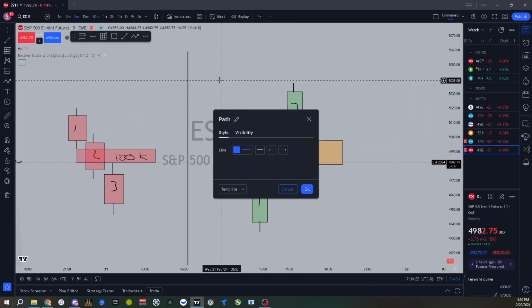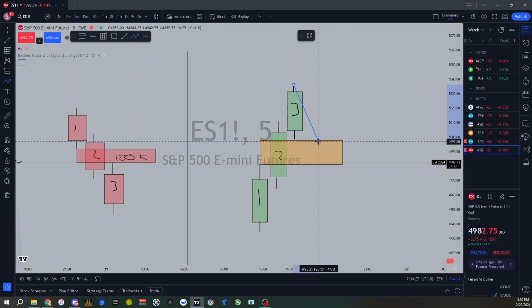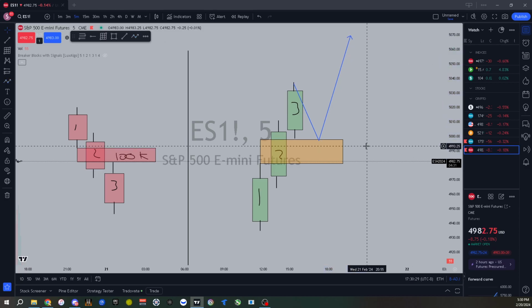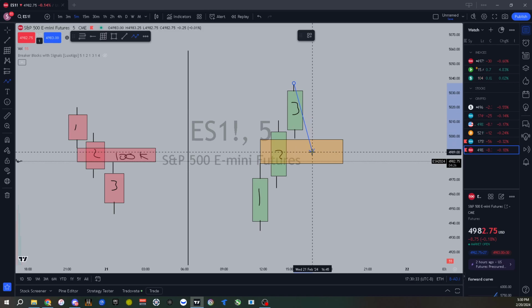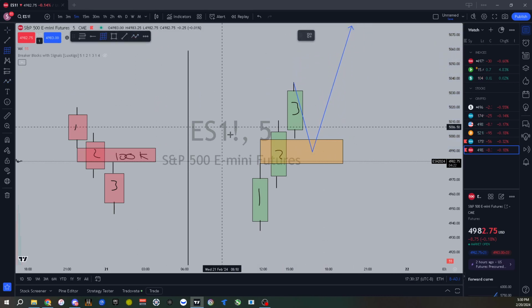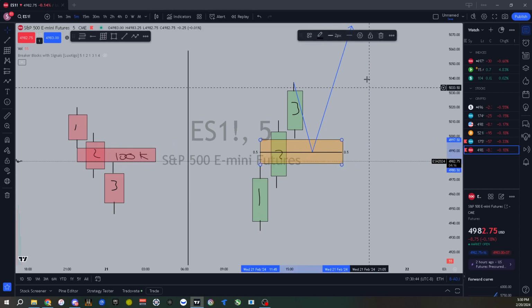Now, however, it doesn't always fill the entire imbalance. It can literally touch the very top of it and go. Or most of the time what happens is it fills the consequent encroachment, which is the 50% mark of the fair value gap. That is the most common thing.